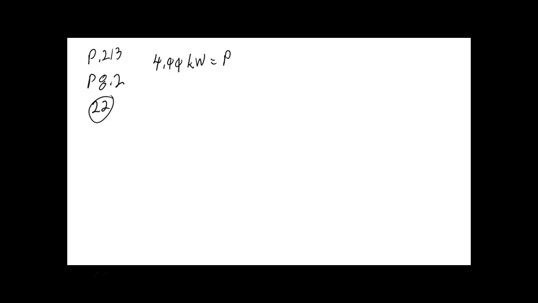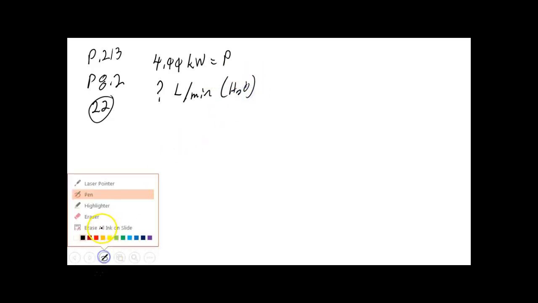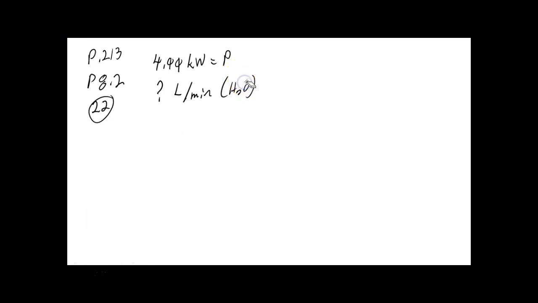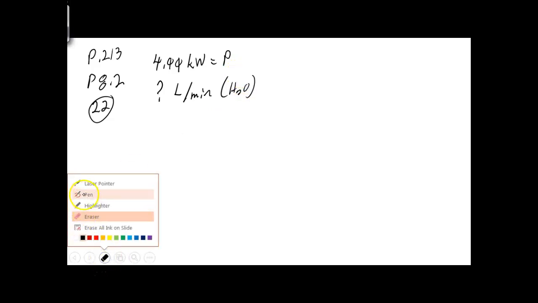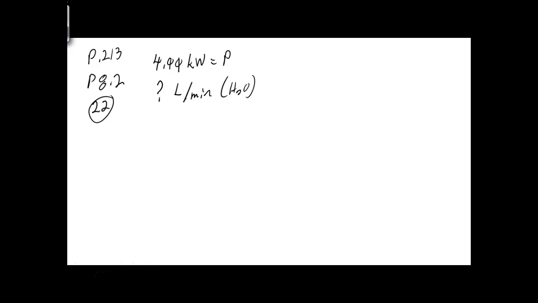How many liters of water per minute can be lifted a distance of 35 meters? The question is how many liters per minute, and this is H2O. Your H here is 35.0 meters.